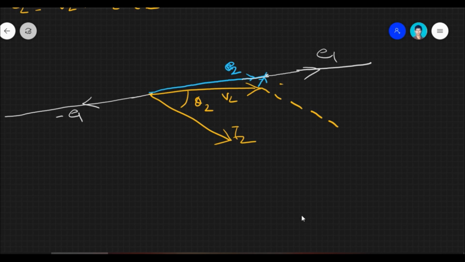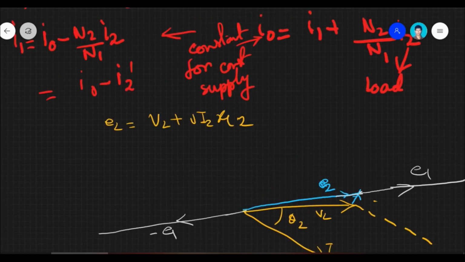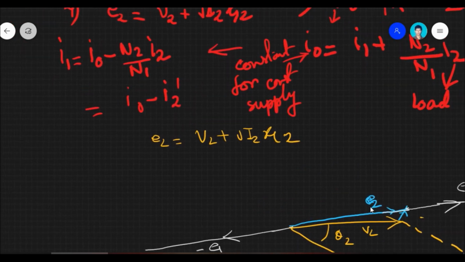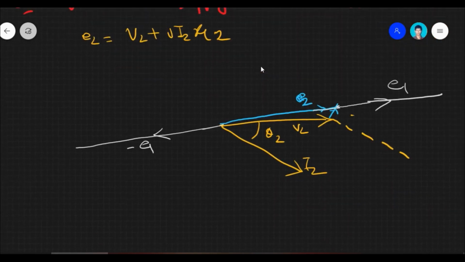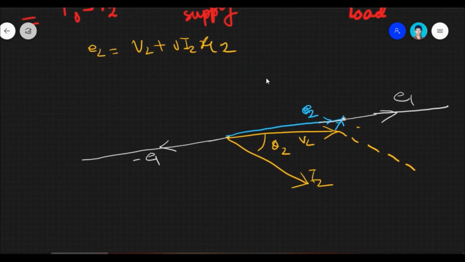Now once E1 and minus E1 are done, this equation we have to take care of. So how to find out I2 dash? This is I2, this is I2 dash, right? Or rather minus I2 dash.